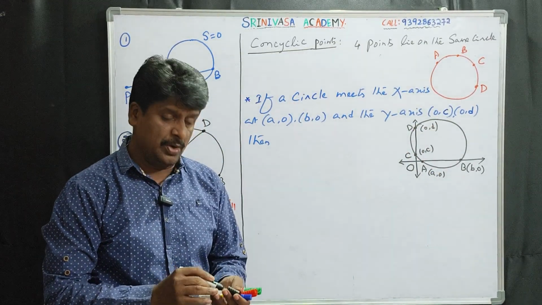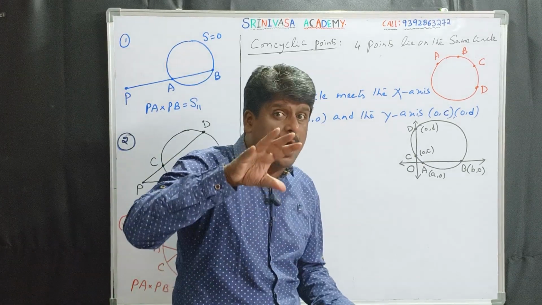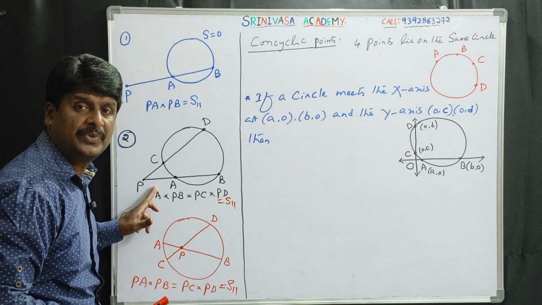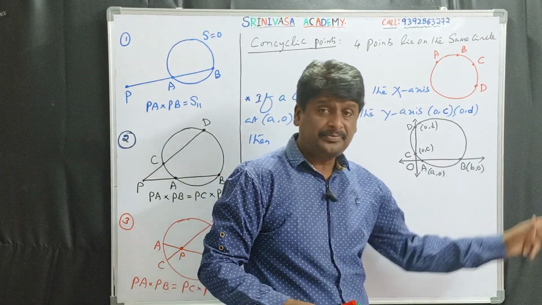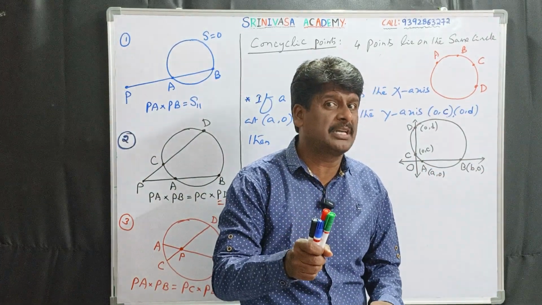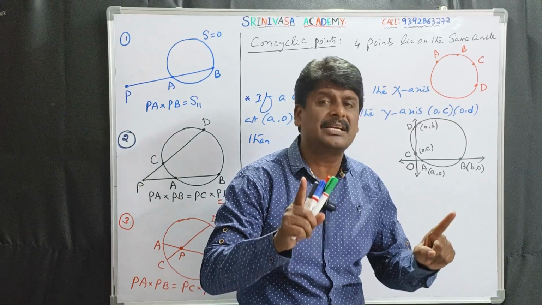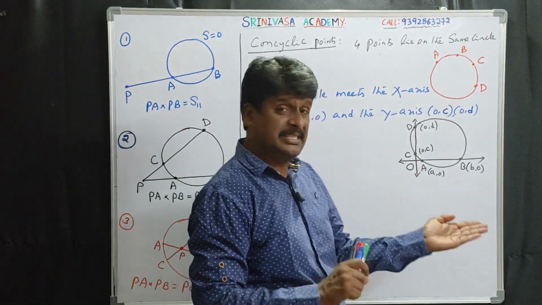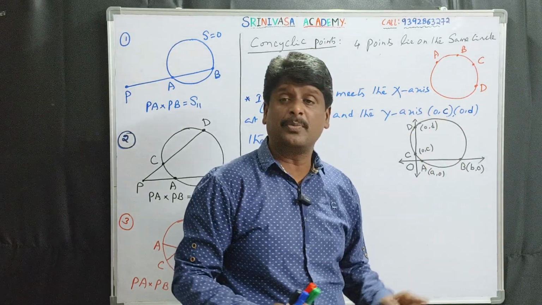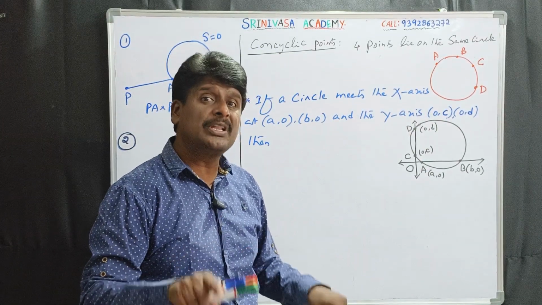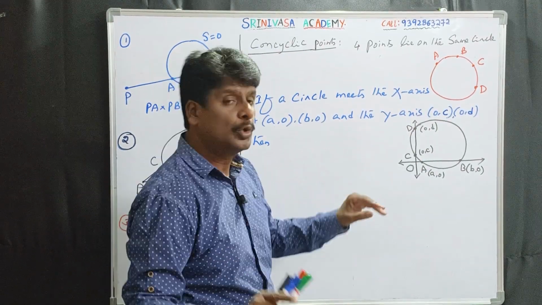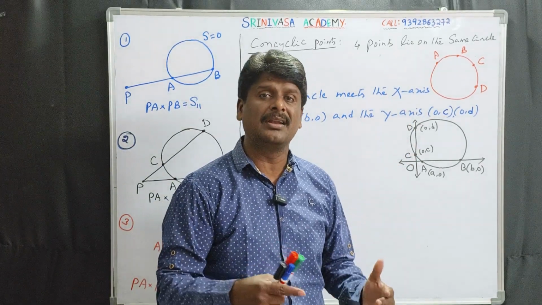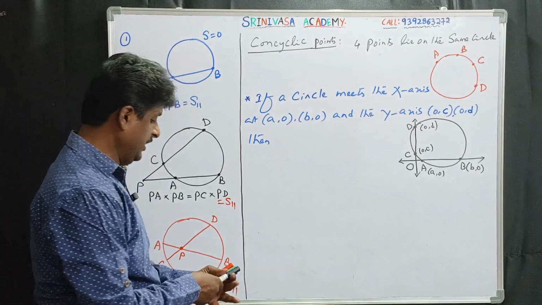What did you observe now? Origin is the outside point of the circle. From the origin, one chord is drawn to the circle so that it is intersecting at capital A and capital B. From the same origin, we are drawing one more chord to the circle so that it is also intersecting the circle in two distinct points, capital C and capital D. Then let us observe what will be happening.